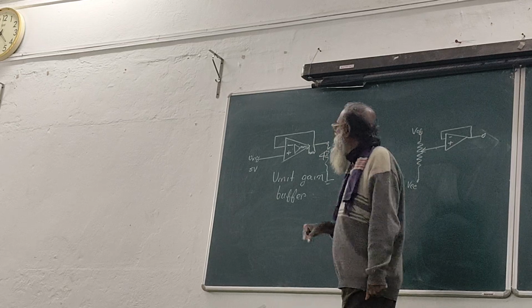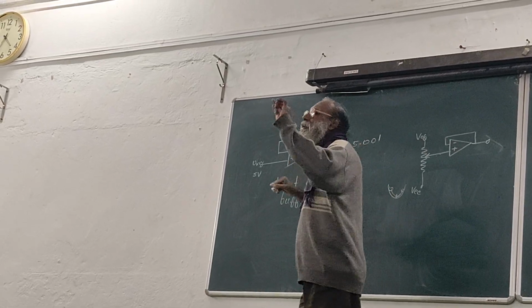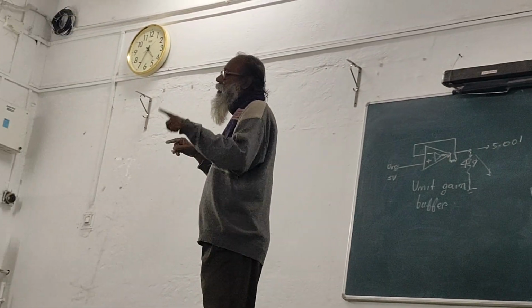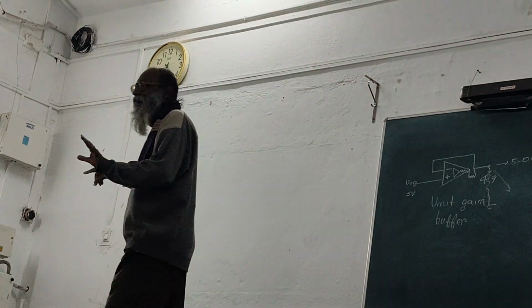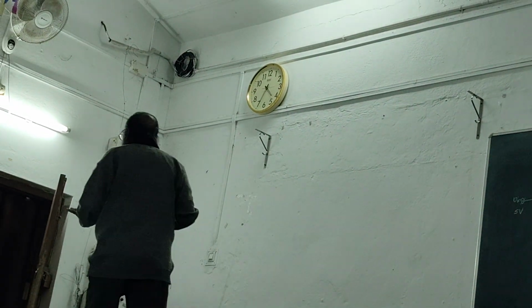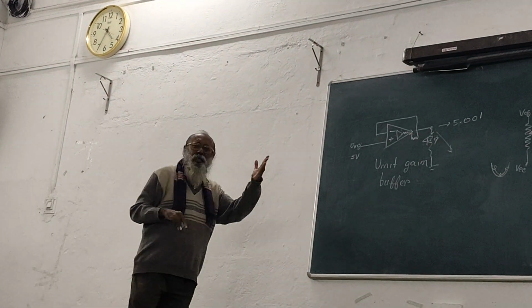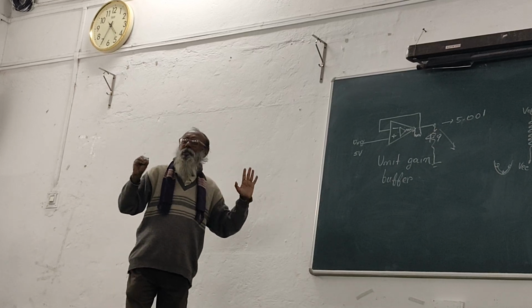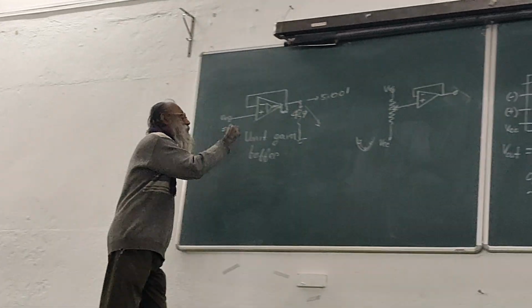So basically V out is something like V plus or minus 0.0001 volt. Okay, so that problem is there. Since A is large, the departure is very small. So for all intents and purposes, for my use, this voltage is the same.